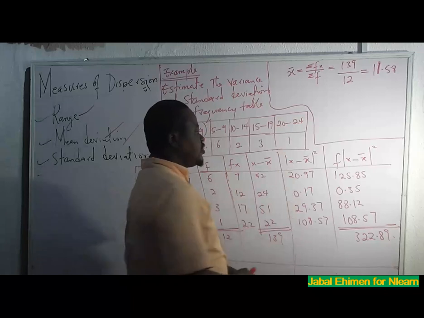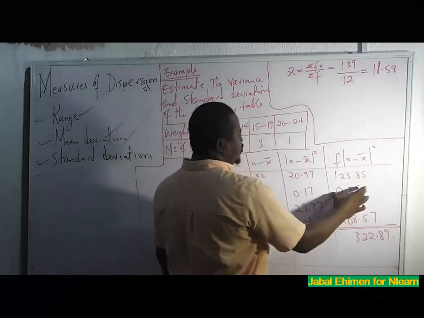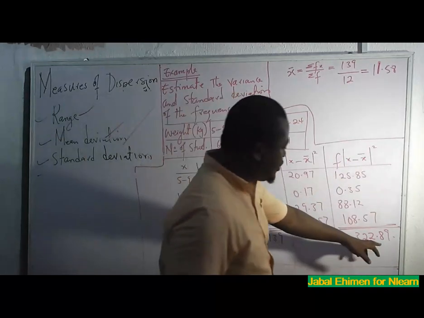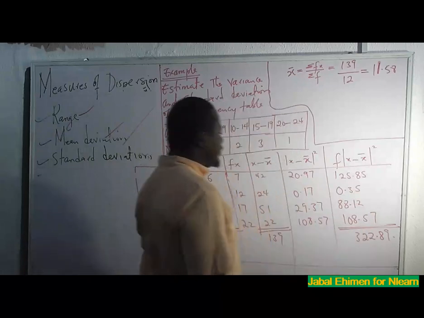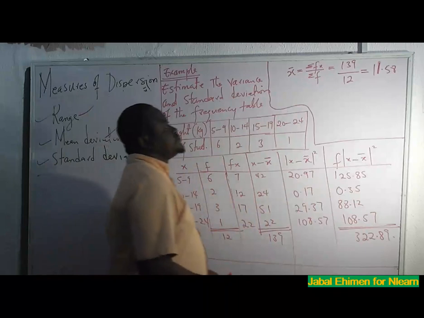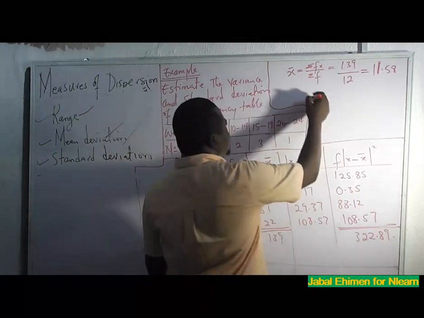After your subtraction, you also have values like f times this, f times that, and that gives you a total of 322.89 as the standard value. Now, it's easy from here for you to calculate your variance.